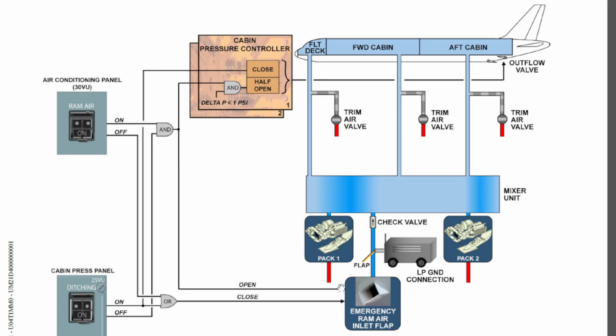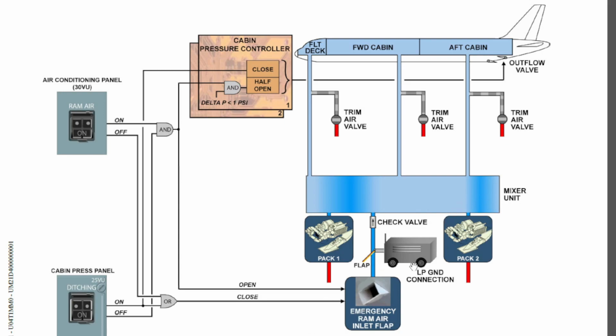From the basics, outside, the pressure of the air will be at a lower value than the inside of the cabin. So for air from outside to enter into the cabin, the air pressure inside the cabin should be less than the pressure outside the aircraft.